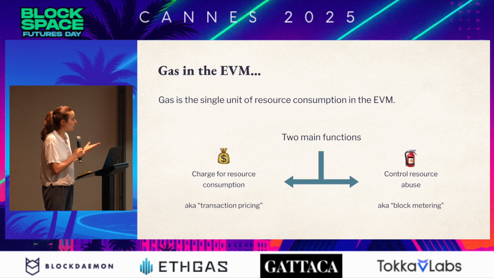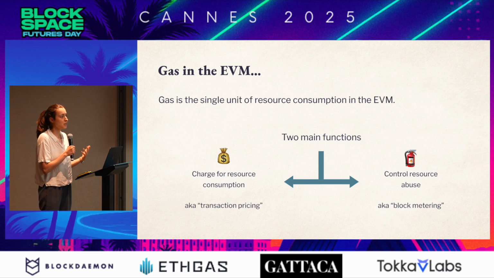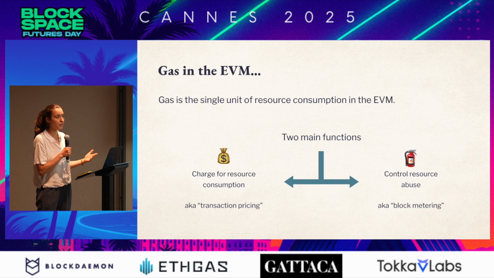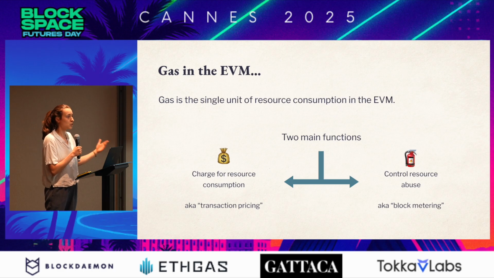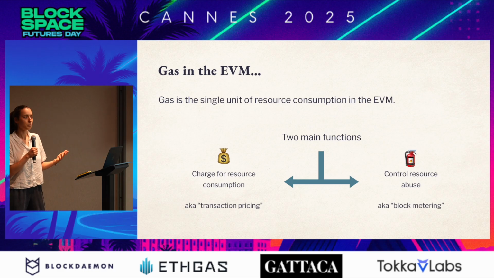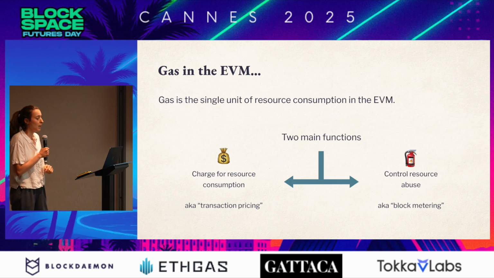On the other hand, we have a function of controlling resource abuse. And by this, we are essentially trying to use gas as a way to tell us how full a block is and how far we are from reaching safety limits of the network. So given a block, how far is that block from reaching certain limits that make the network unstable in some way.